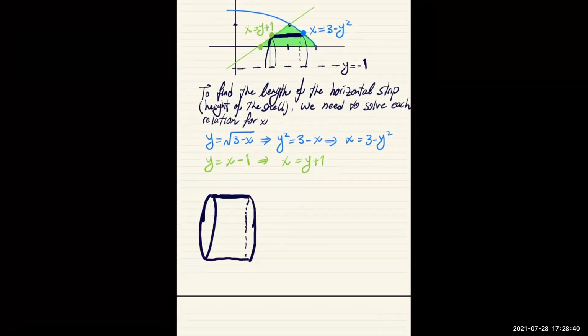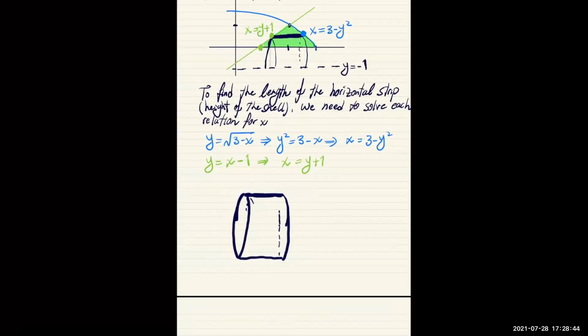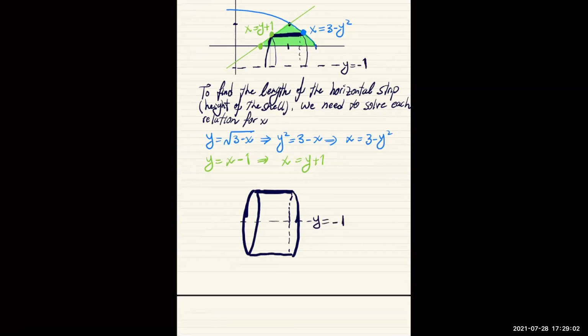Okay, so what you do is locate the center, like always. The center here is y equal to -1. That's what it is. Also, these points.